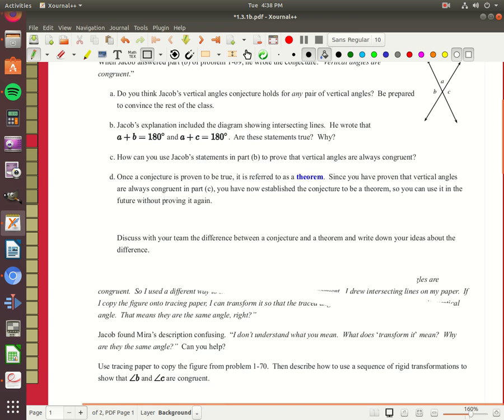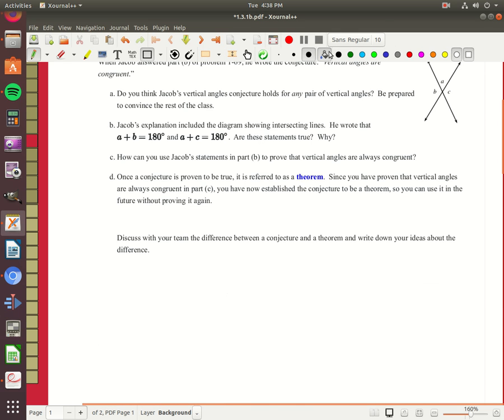Okay, so we are going to say the following. Well, I know that if A plus B equals 180 degrees and A plus C is equal to 180 degrees, I can do a little bit of algebra here.